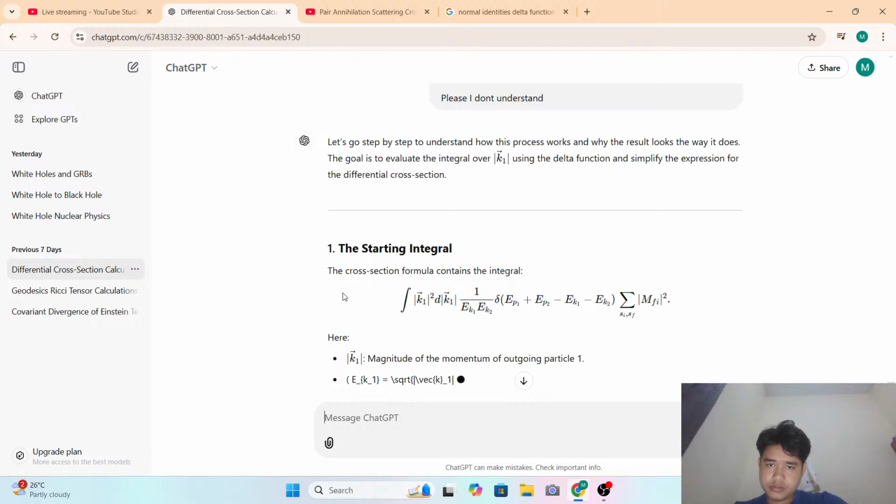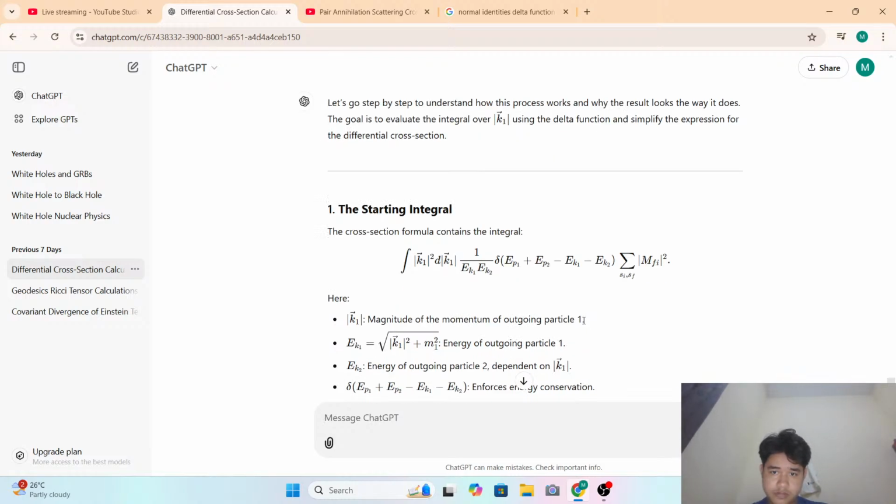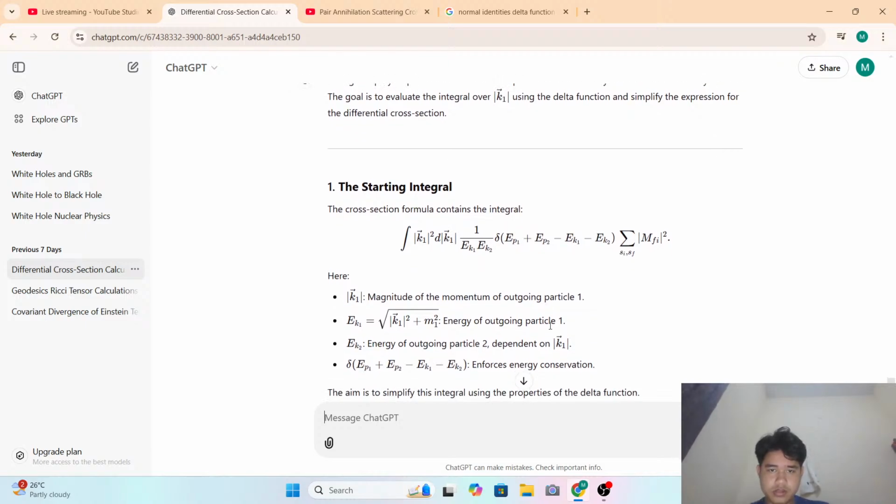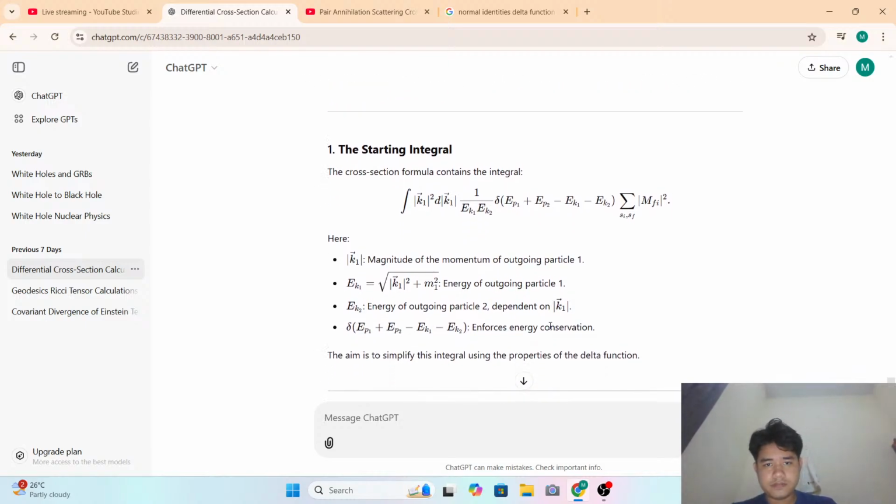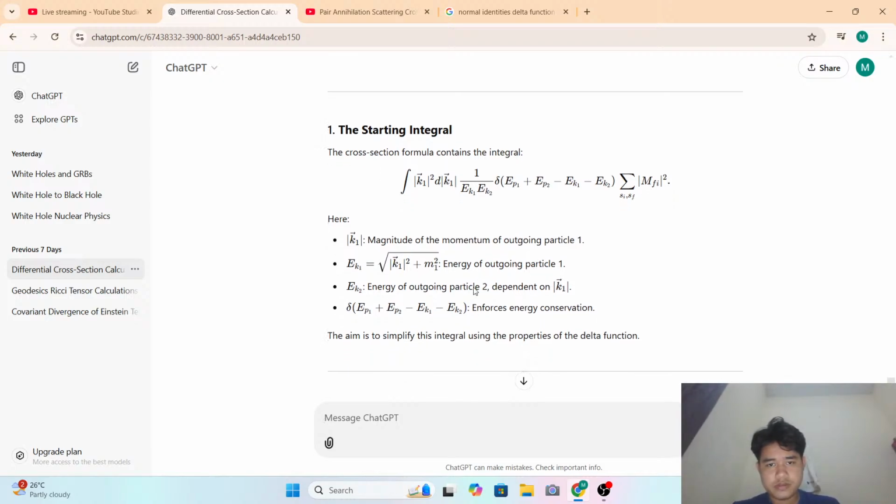The cross-section formula contains the integral. Yeah, alright. Yeah, that's correct. Here is the magnitude of the momentum of outgoing particle 1. Is the energy of outgoing particle 2 dependent on K1? I don't know how it can be independent like that.